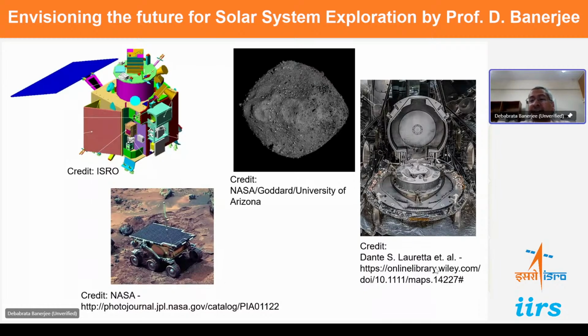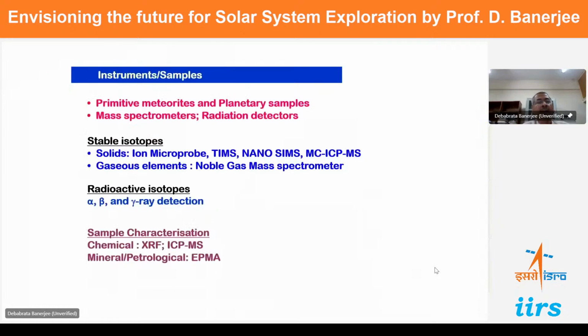It returned about 120 grams of material, if I remember correctly, of what is shown on the left-hand side, and that is Bennu, a carbonaceous chondrite. That means it has more carbon than other meteorites, which are stony meteorites. So you can see different examples here: a rover mission, a rover lander, an orbiter, or a sample return mission.